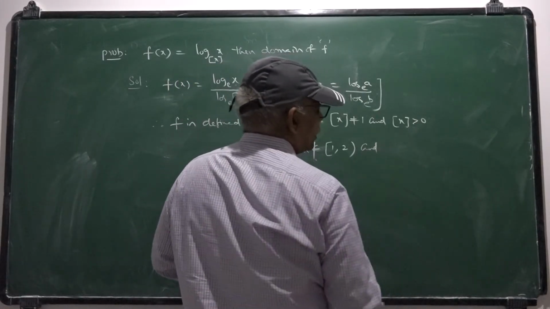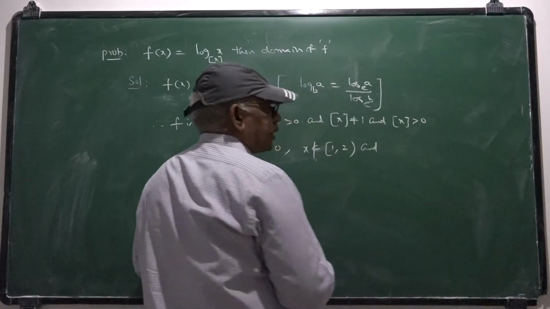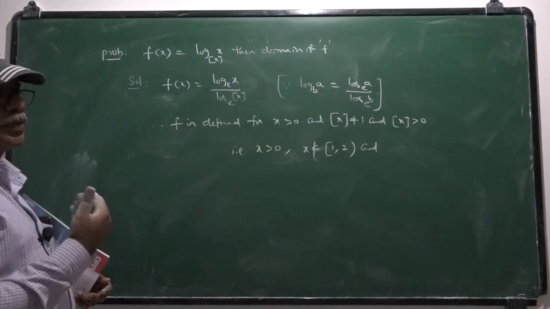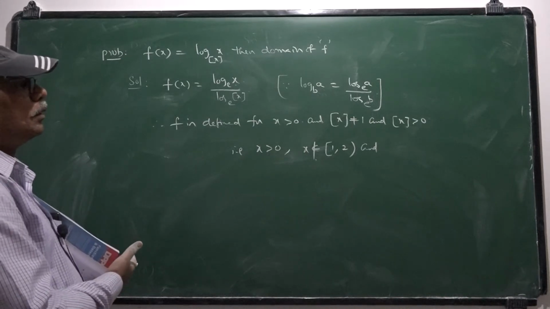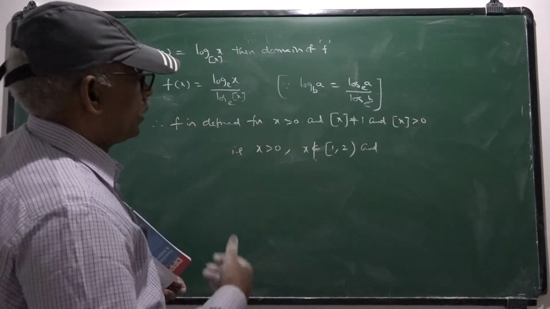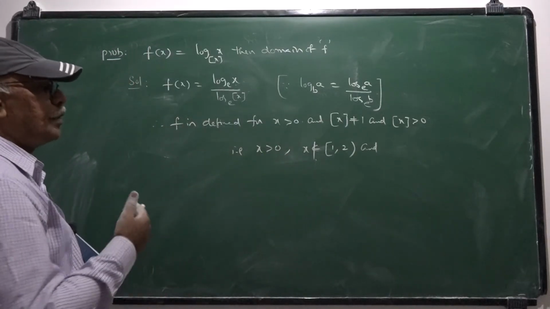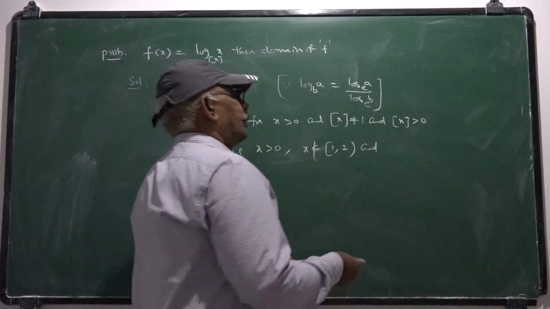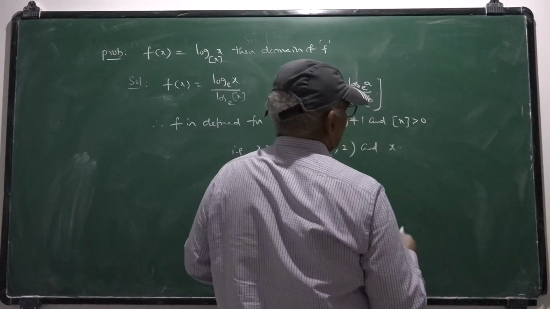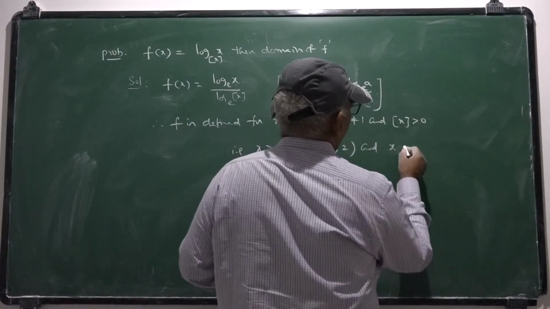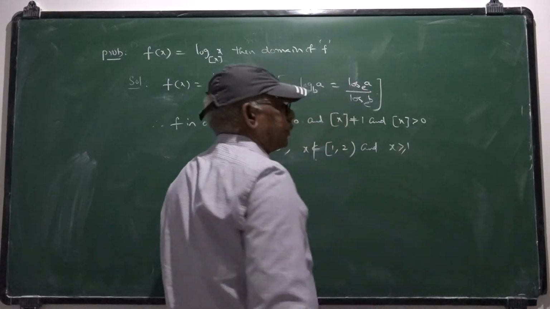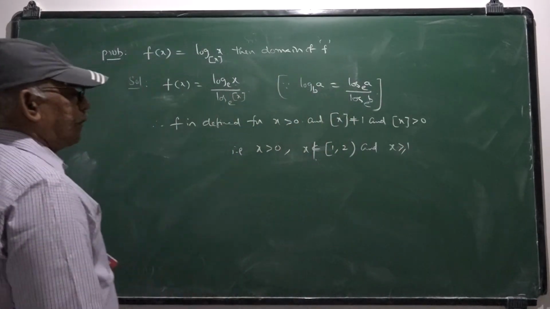X does not take those values. And moreover, step x is positive. Step x is positive whenever greater than 0 means step x value greater than 0. It cannot take the value 0 and 1. So that x does not lie between 0 and 2. So x being positive only, step value is positive, greater than or equal to 1.